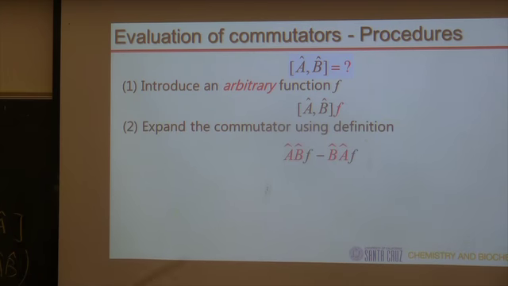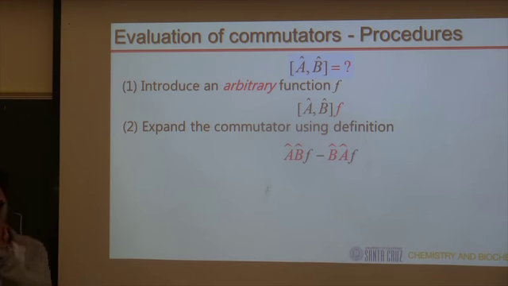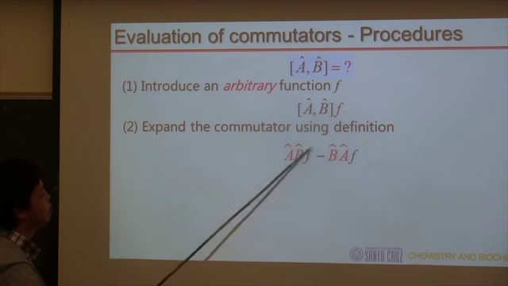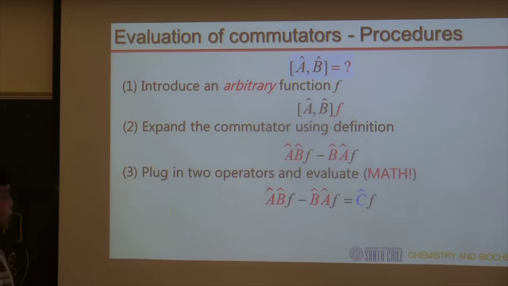The second step is to expand the commutator using the definition. We know the commutator of A and B means AB minus BA, operating on f. You write it out. This is a general expression for any specific question. You will get a specific form of A and B, and then you just plug in. The third step is to plug in the two operators and evaluate.